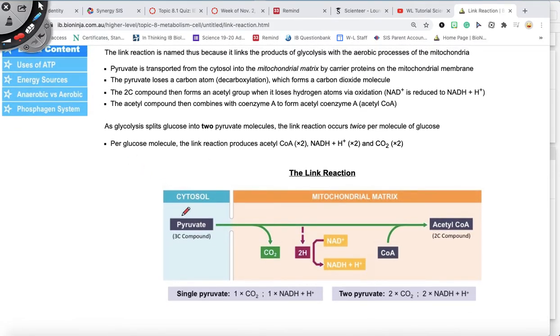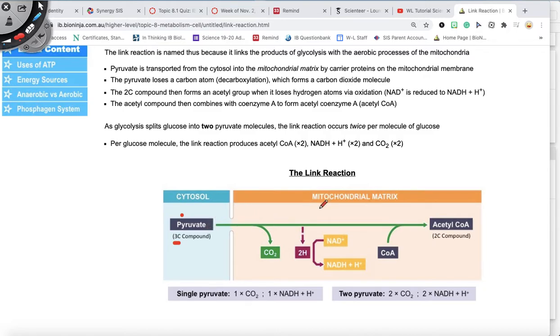You see pyruvate here that is made in the cytoplasm because of glycolysis. Now pyruvate is going to be transported from the cytosol into the mitochondrial matrix by the carrier proteins in the mitochondrial membrane. And notice that pyruvate, being a 3-carbon compound, is going to lose a carbon.